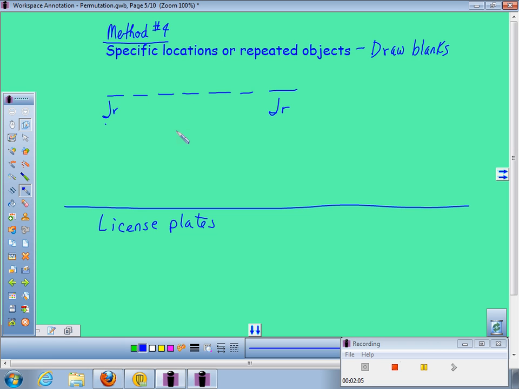No. I'm spreading out the troublemakers. Okay, I want juniors on the end. And I did 7, so that blows up my pattern.